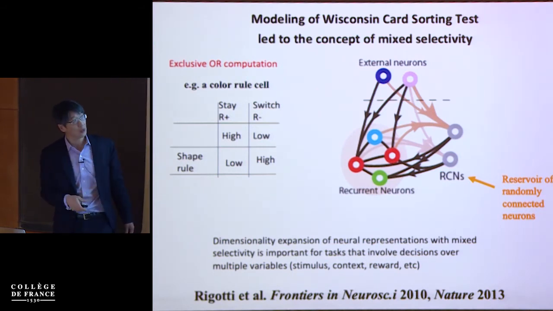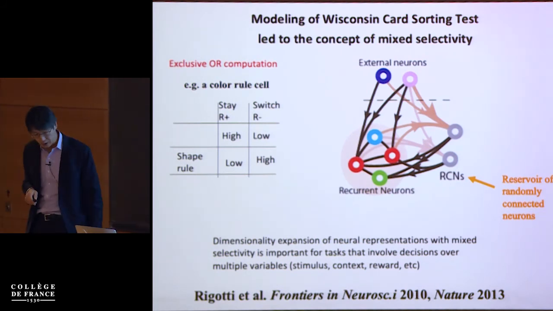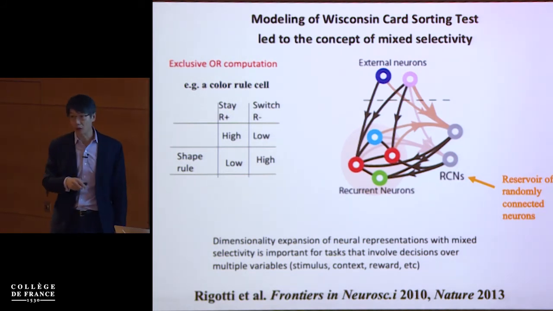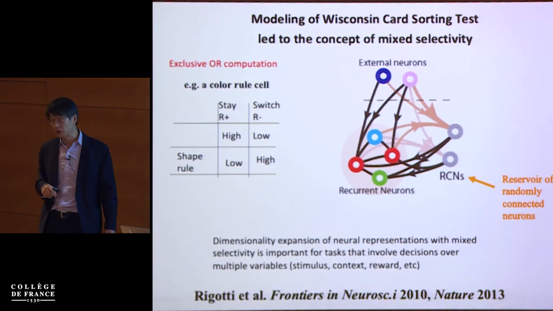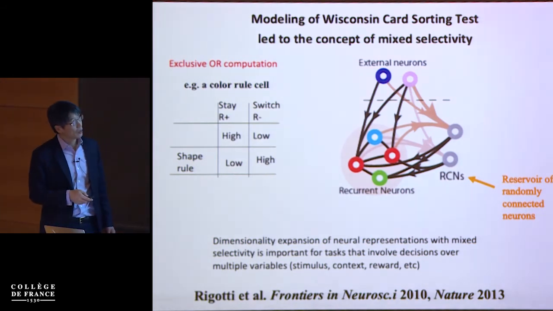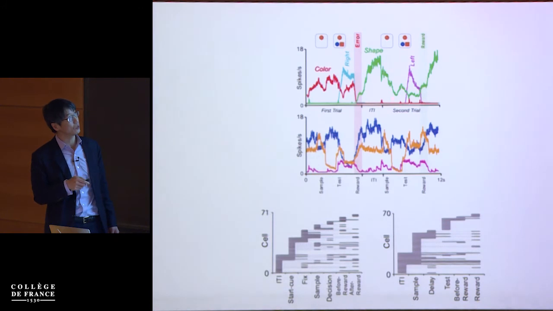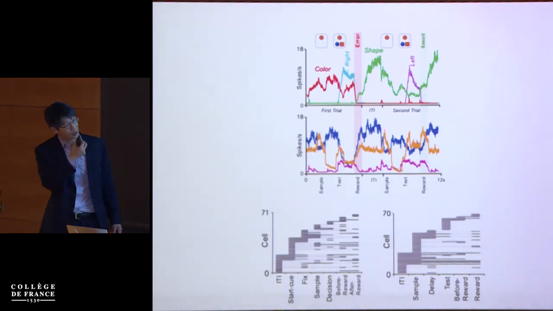And then we found that by adding these randomly connected neurons, our model now can solve the Wisconsin card sorting task. The model also explains very heterogeneous and temporally complicated signals as seen in the monkey physiology.